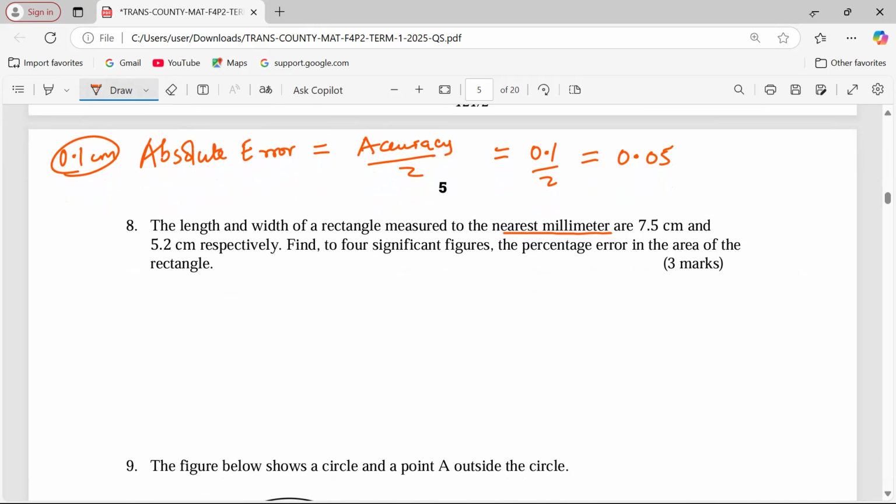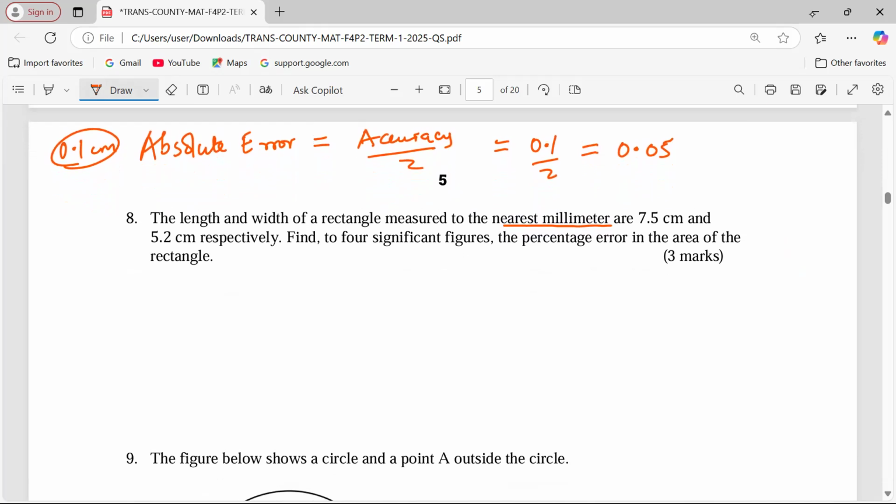So we can get the range of the two values. We can talk about the range of the length. This one shall be, when we take the length of 7.5, we add or subtract the absolute error, 0.05, and this shall give us a limit starting from 7.45 after subtracting, that's the lower limit, all the way to after adding 7.55.